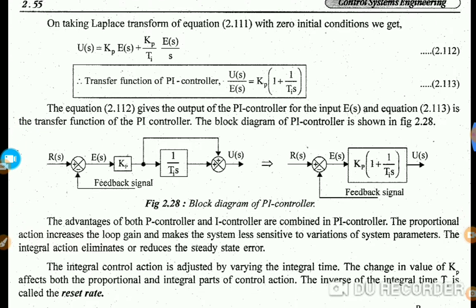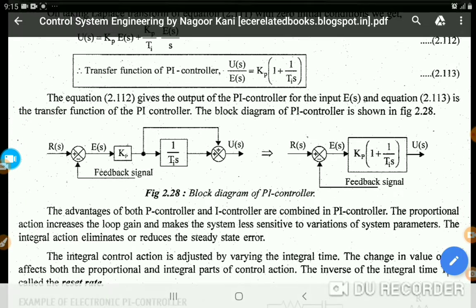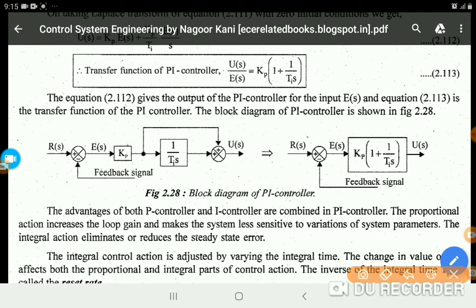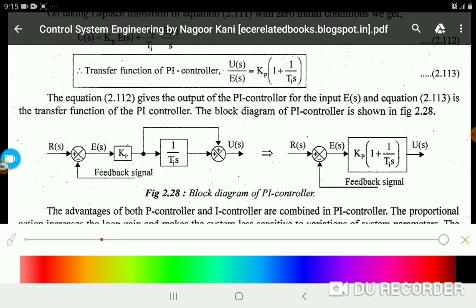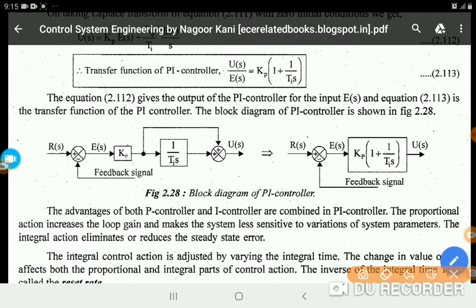Listen carefully. For this controller, we are going to draw the block diagram. How to draw the block diagram? Here, how many terms do we have? We have two terms, Kp and Kp by Ti s. So introduce both with a plus sign, Kp plus.